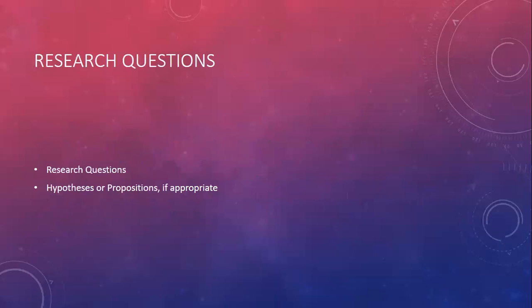If you're doing a case study using a Yin format, a Yin design, okay, you may have propositions, which are statements based on the research literature you've read for Chapter 2 of what you suspect you will find. They are not true hypotheses, because you're not going to try to prove them true or not. You're going to state that these are things that you may find based on the previous literature.